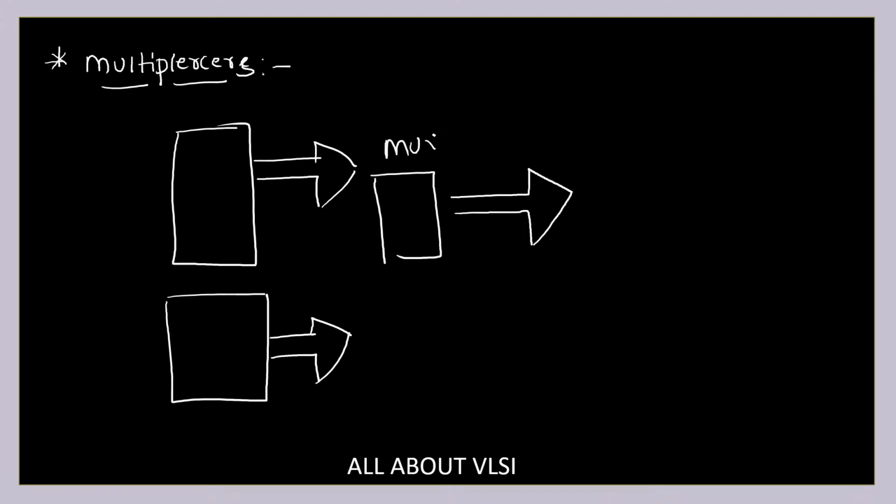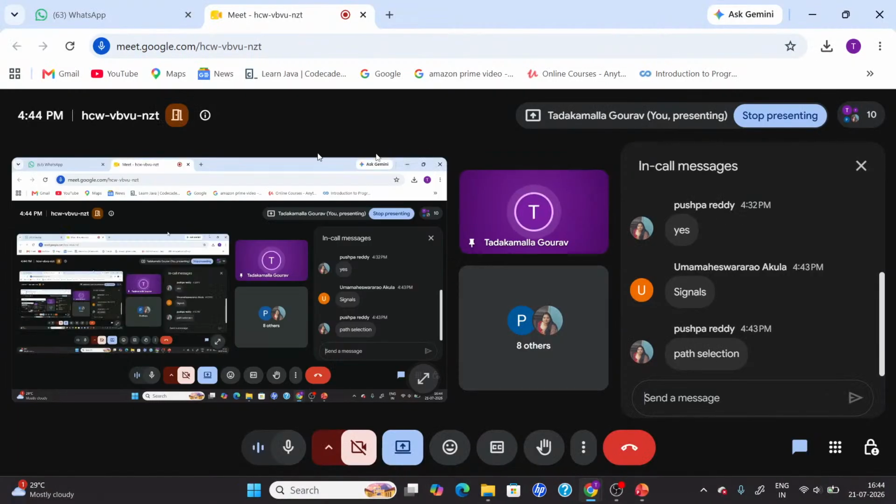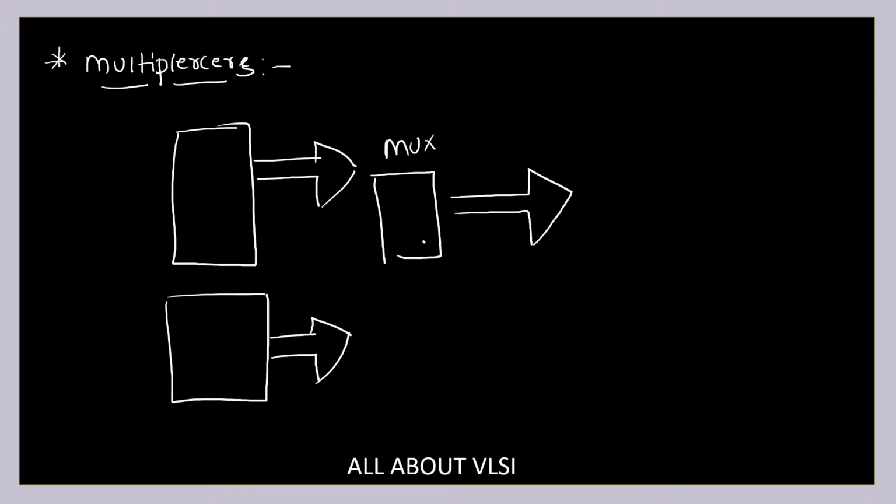This multiplexer is going to multiplex your input signals, and it is going to have a kind of path selection logic. This circuit is going to decide whether device D1 or device D2 is going to get access to this main bus. This is where we can think of using a multiplexer.